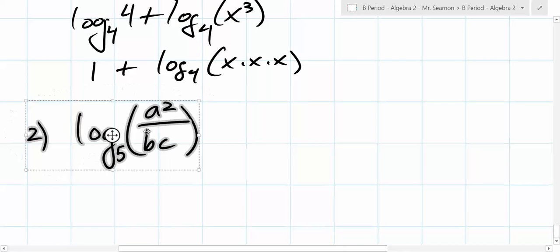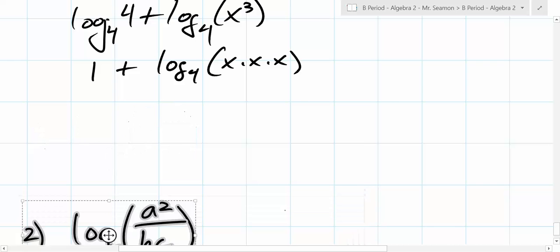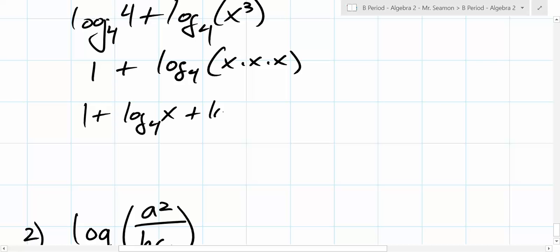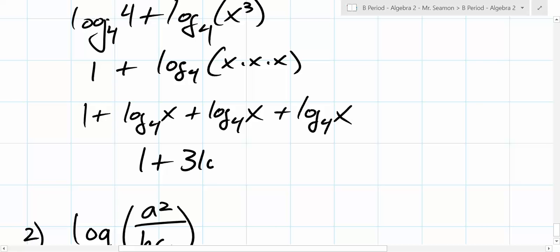Everybody's with me so far? What does the multiplication turn into? So it's 1 plus log base 4 of x plus what? Log base 4 of x plus, how many are there? So you have 1 plus 3 log base 4 of what? X. That would be where you should end up. That should be where you end up.